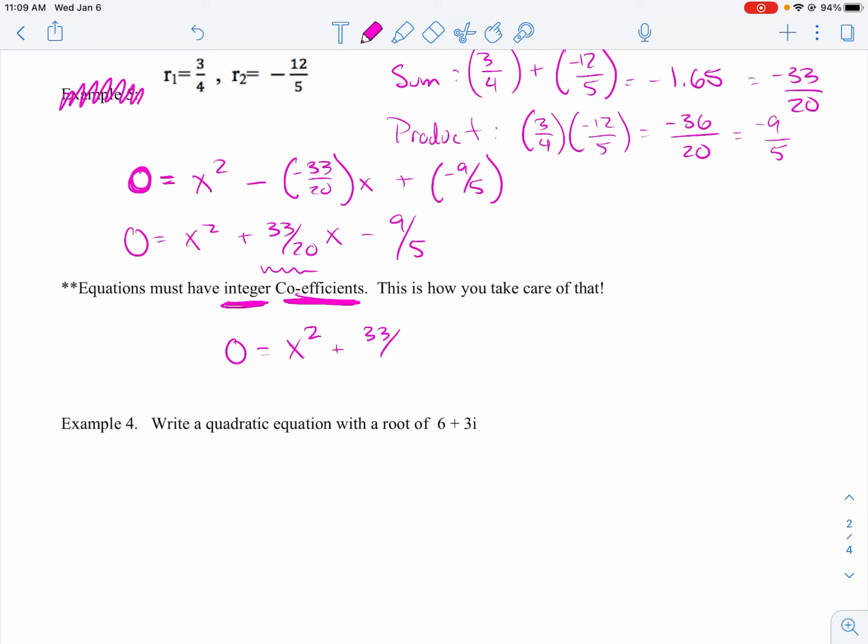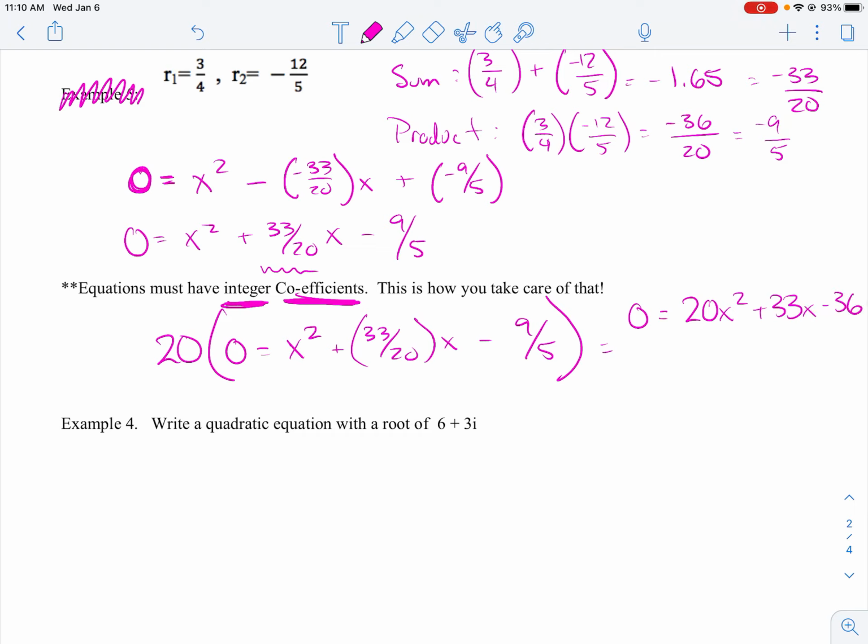So I'm going to rewrite this again. And then what I'm going to do is multiply by the highest denominator, which in this case is a 20. And what does that do? It allows me to cancel that 20 in the denominator. So I end up getting 0 is equal to 20x squared plus 33x minus 36.